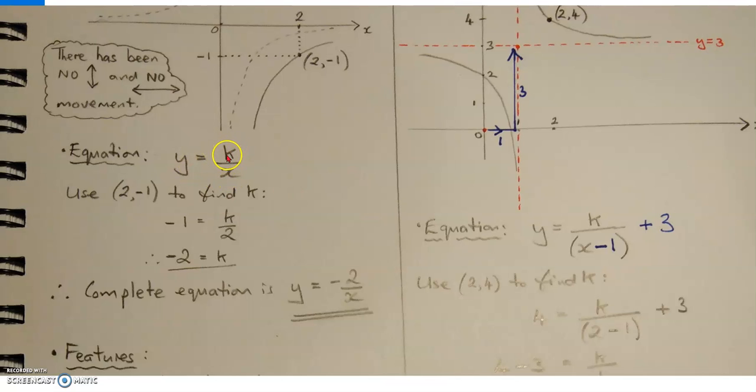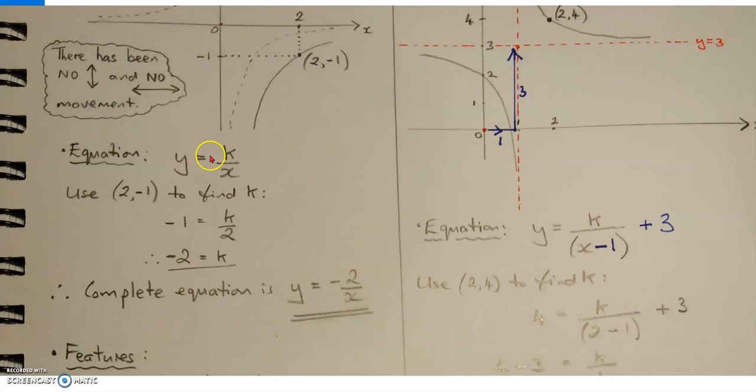Now, as I said before, because we know it's a negative hyperbola, we do not write here y equals minus k over x, because when we put in some numbers that lie on this curve, which I've done here, this 2, minus 1, we will generate a negative value for k.